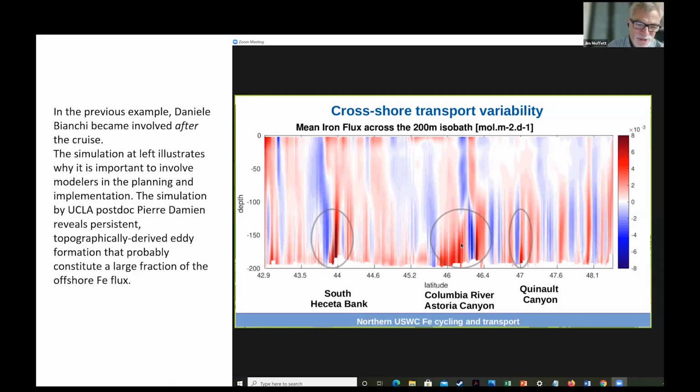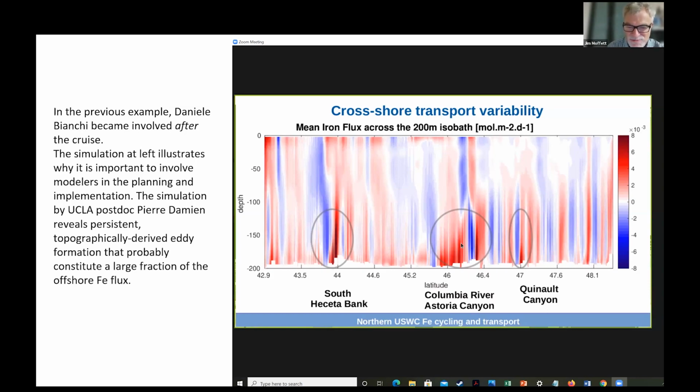One of Daniele's postdocs, Pierre Damien, generated this simulation for us, which looks at, in this case, iron flux across the shelf and into the basin, with the areas in red being offshore transport, in other words, to the west across, in this case, the Oregon shelf, and the blue being onshore transport.